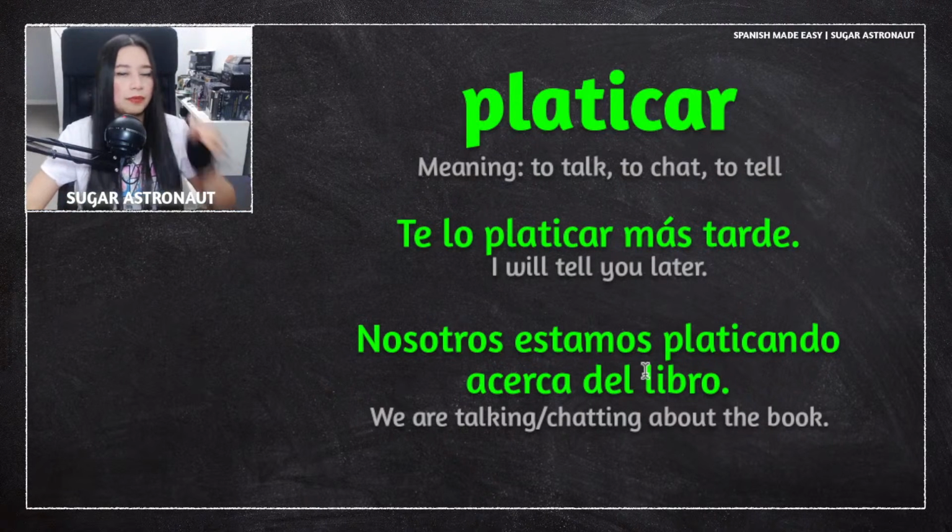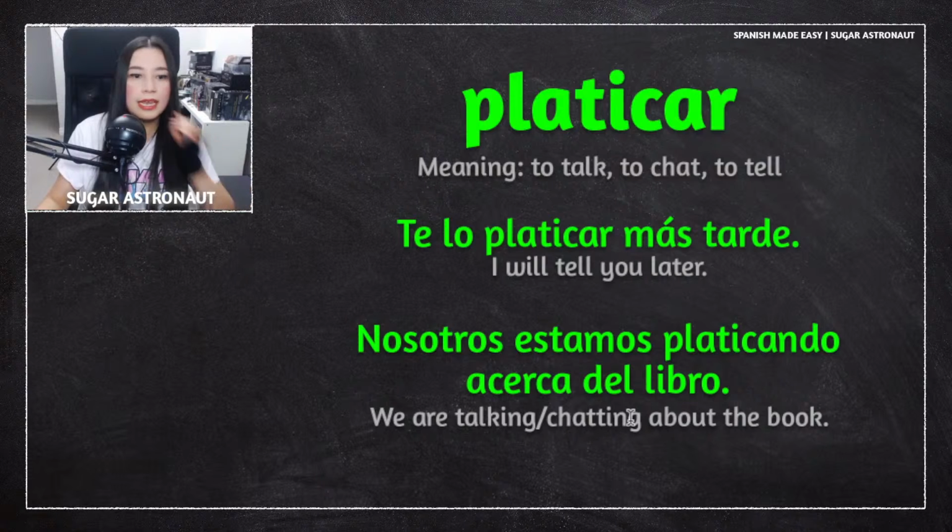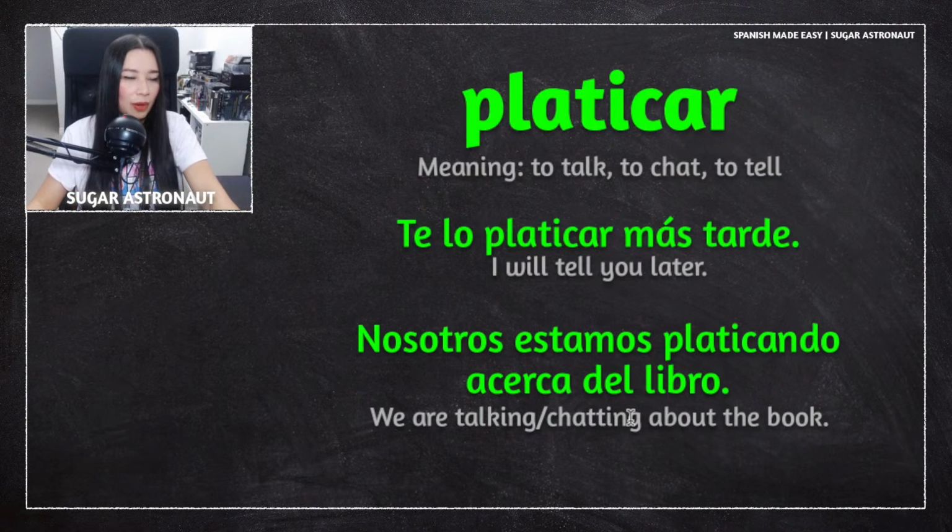And as I said before, it's similar to hablar in a way, because you're talking to someone about anything, it could be mostly gossips, when you're talking about other people's business. You use platicar.